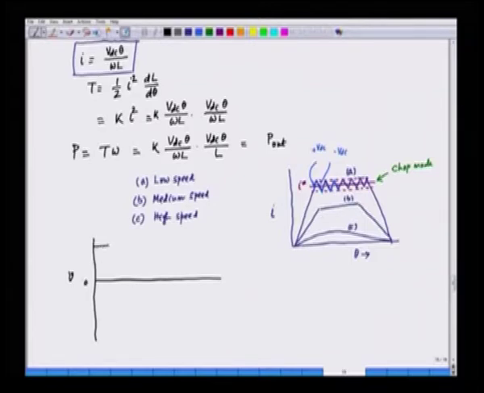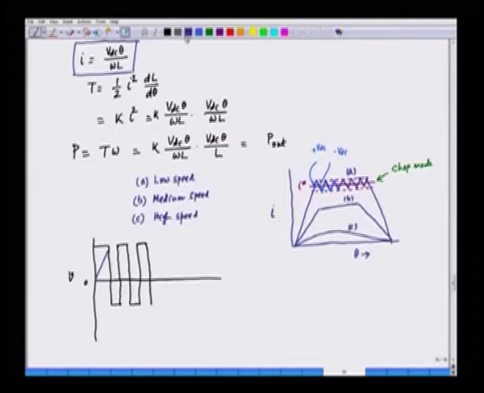Initially we apply a voltage that is plus VDC, and then the current rises to a certain value, and then we apply minus VDC, it decreases, then we again apply plus VDC, then minus VDC, then again plus VDC, and again minus VDC.